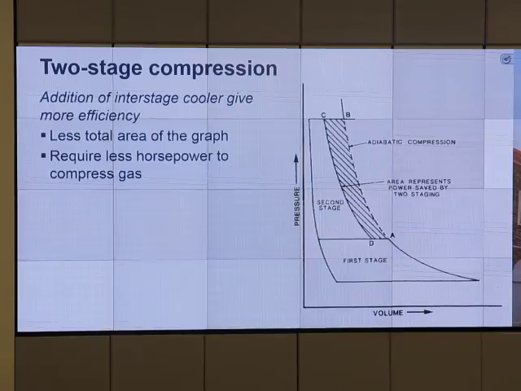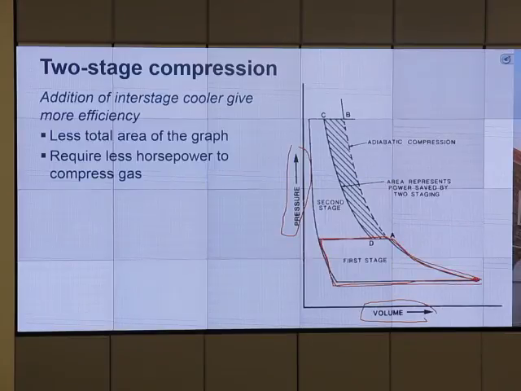All right. So we have volume and pressure. We have a starting point. So this shape is the work done for the first stage. Once we finish the first stage, then we cool it.